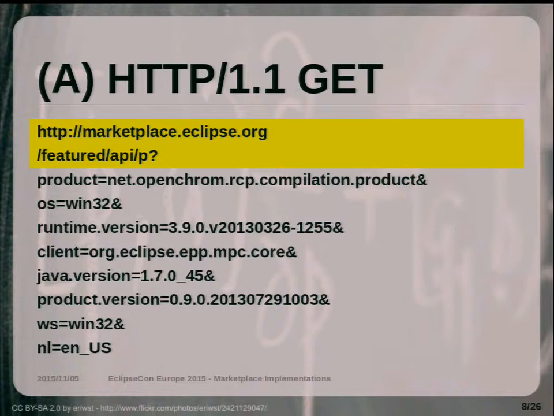The operating system, you get the runtime version, you get the client, you get the Java version, the product version of your own product, and that's very cool because I created my own marketplace implementation to react on these product versions, because when you have different plugins, you don't want to ship all the plugins for all the versions, and it was not available in the marketplace a few years ago that you can have a look at these product versions. I think it's in there now, but that was the reason why I built my own marketplace. You have the Windows system and the language.